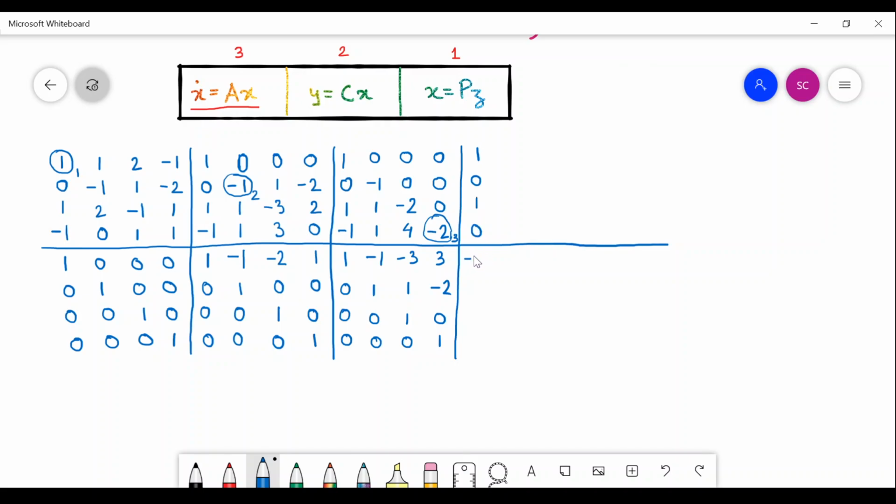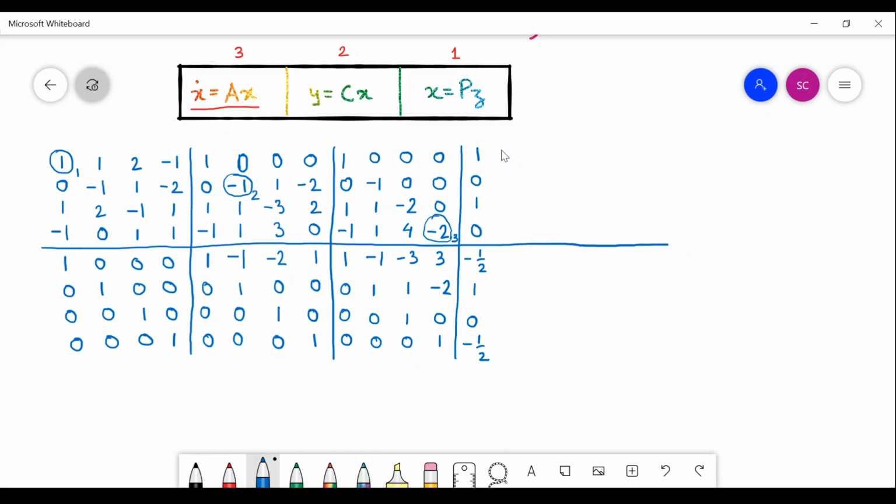This would be -half, because you have to multiply with -half and then add in order to make this 0. So this is -half multiplied by this 2, so -3/2 plus 1, which is -half, and this would be 1, 0, -half.